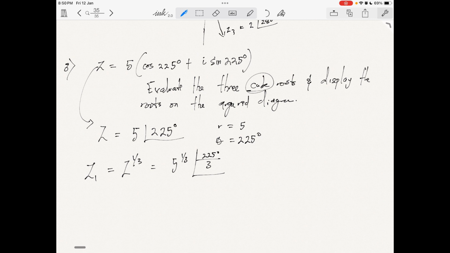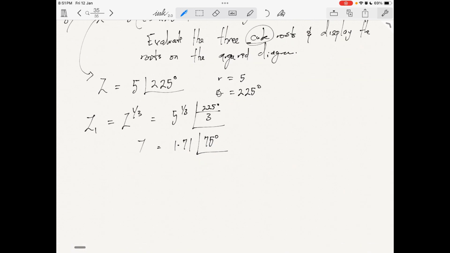In essence, the cube root of 5 is 1.7099, which we can approximate to be 1.71, and 225 degrees divided by 3 is 75 degrees. Now this is called the first cube root. What then is the second cube root, and what also is the third cube root?